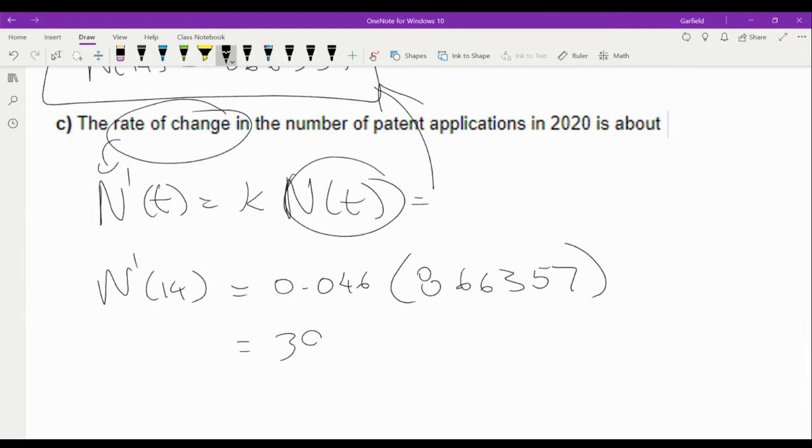And you should get 39,852. And this is applications per year because it's a change.